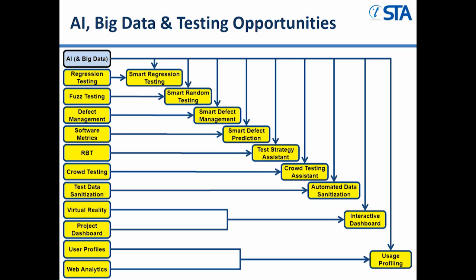But over time, we will end up with lots of data if we follow any of these approaches. And the idea is that we use AI to try and make a number of different testing activities smarter and more automated. Now, AI has been around for about 60 years, but just over the last couple of years, AI is now becoming practical.